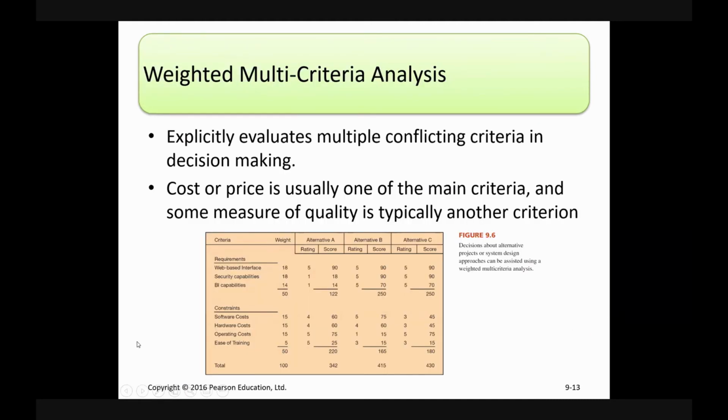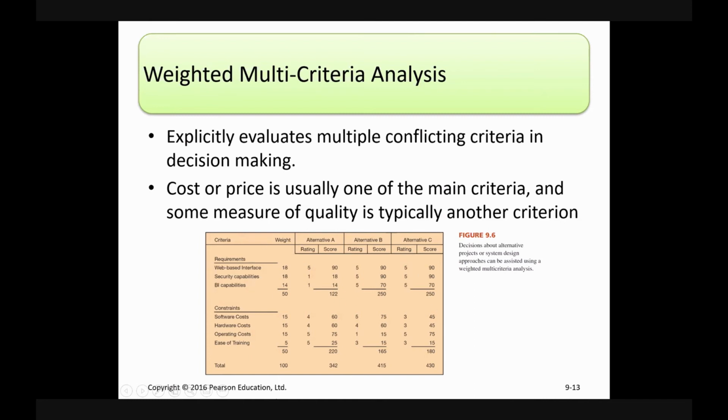There is another criterion, weighted multi-criteria analysis. You can also present this. You have alternative projects here. It explicitly evaluates multiple conflicting criteria in decision making. Cost or price is usually one of the main criteria, and some measure of quality is typically another criterion.